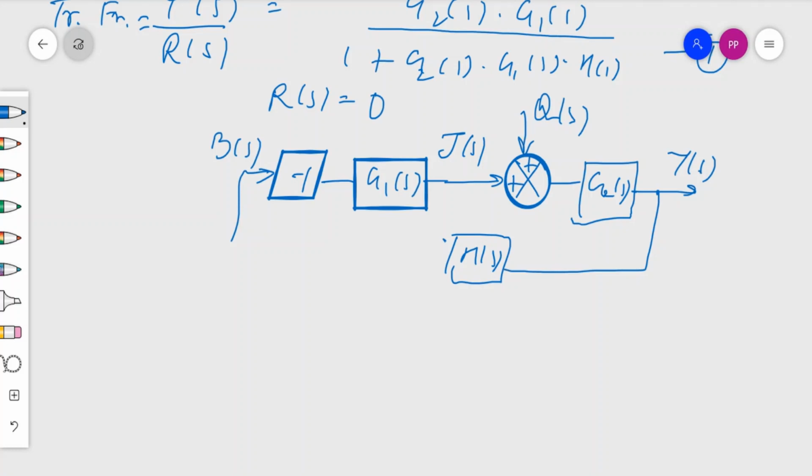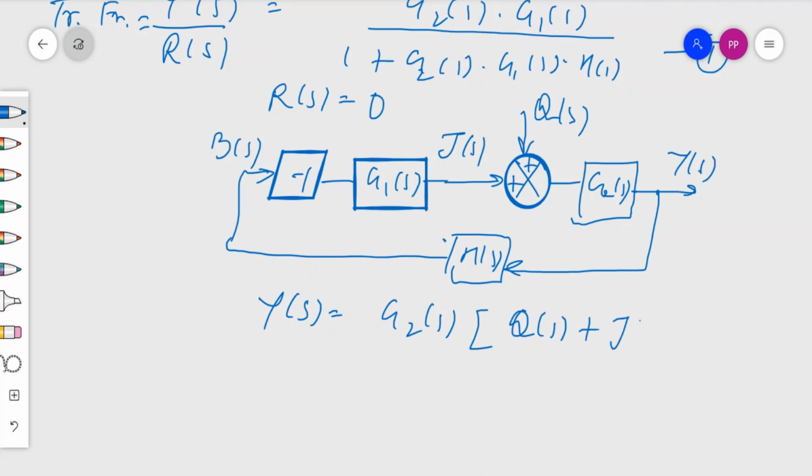So let us find out what is happening over here. When we write the expression, we first write YS in terms of G2S. G2S is getting two signals, one is QS and another one is JS. This is equation 1.